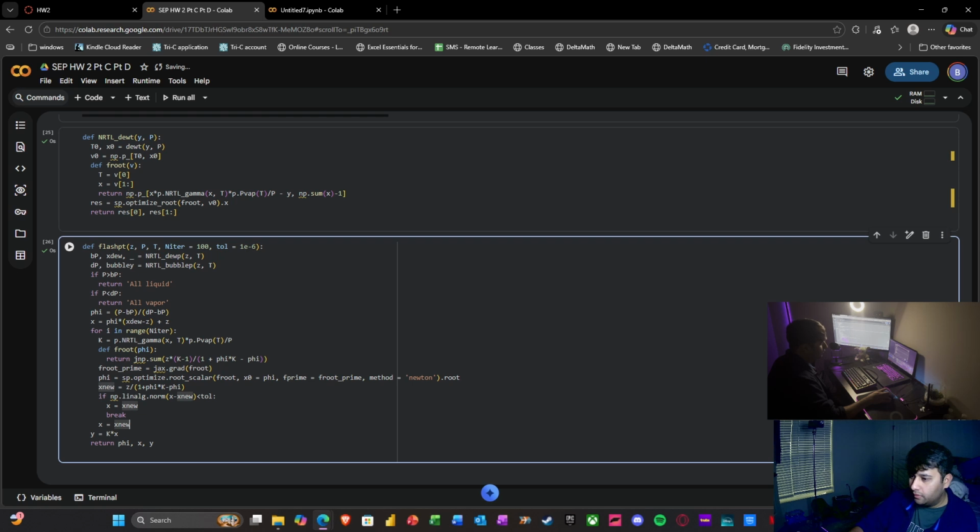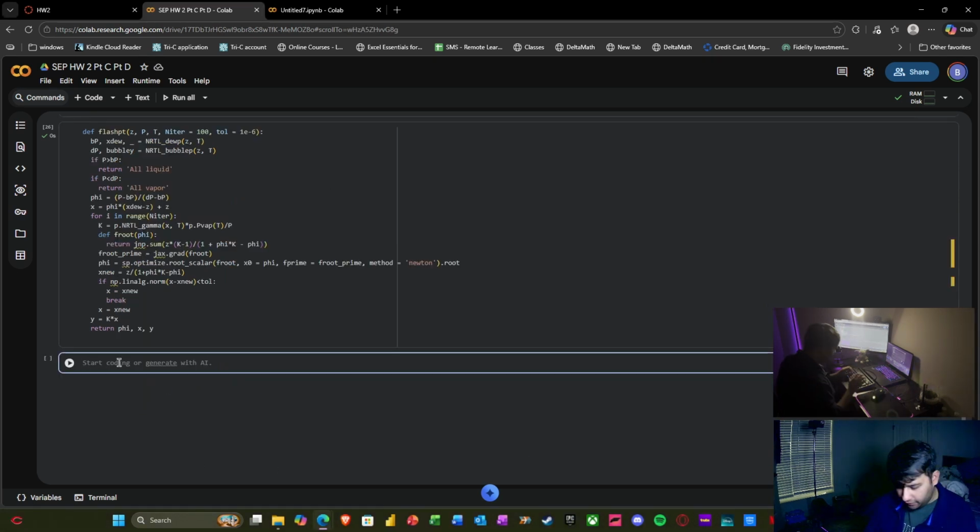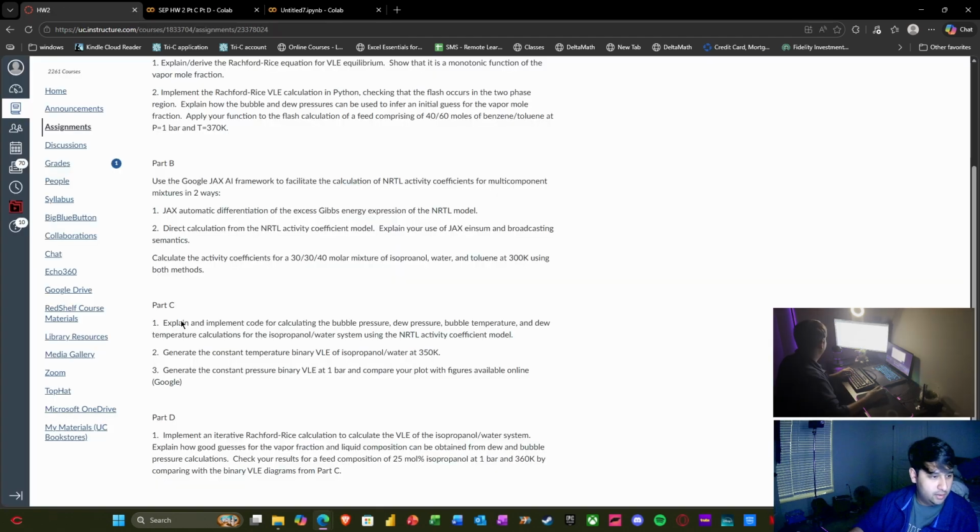Yep, no errors. So now finally we can call upon our NRTL flash PT function and build an array. In the problem statement, it states that our feed composition is 25 mole percent of isopropanol at 1 bar at 360 Kelvin.